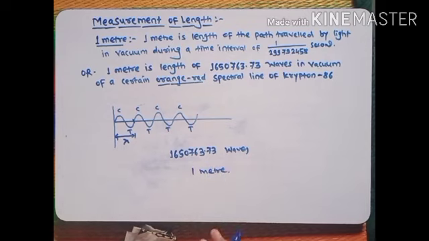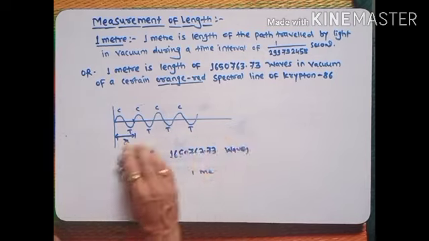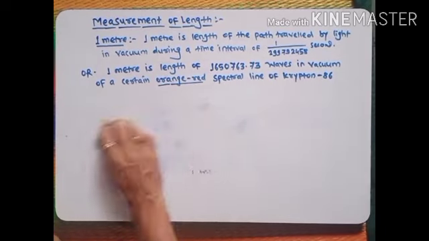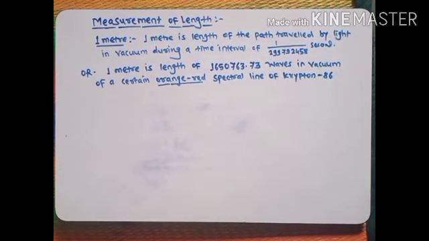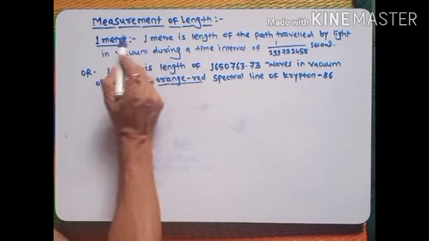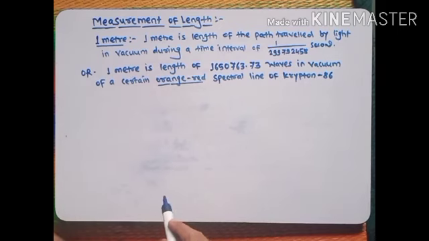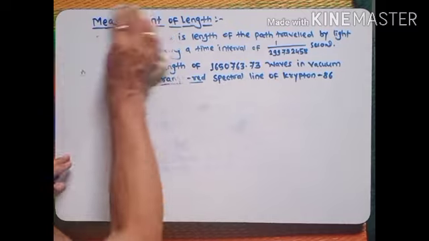I hope you all understand this. This is the definition of 1 meter. We consider this the standard SI unit, used for the measurement of length. Now we have defined what is meant by 1 meter.